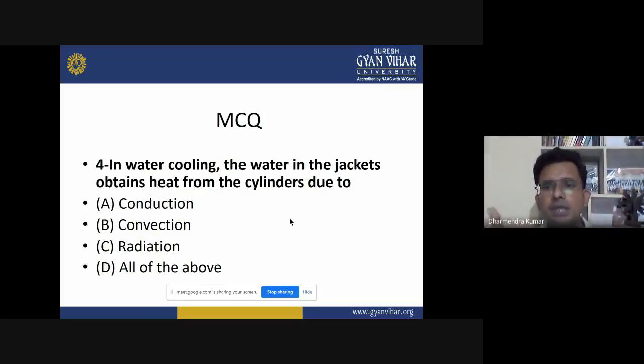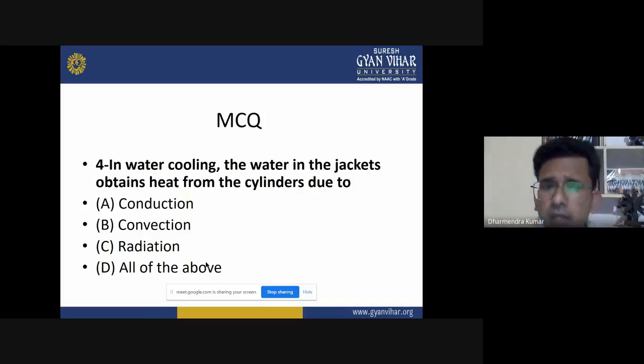We have seen that heat created in the cylinder during the combustion process goes to the water from the cylinder to the cylinder jacket, because the temperature of the water in the cylinder jackets is very low compared to the temperature of the cylinder during combustion time or running time.